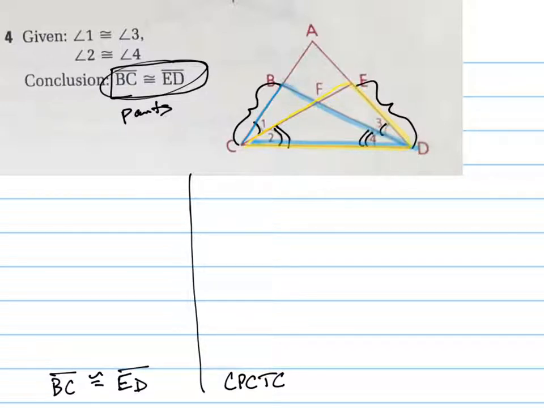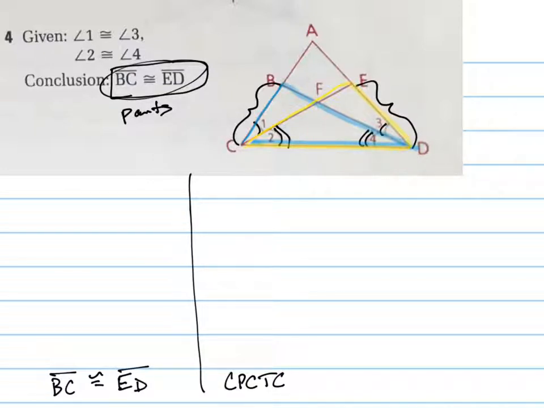All right, so let's come up with a game plan. Well, first of all, I see that I have 2 and 4, those angles. You see how angle 2 and angle 4 are equal to each other? See on the blue triangle, angle 4 is like on the yellow triangle, angle 2.